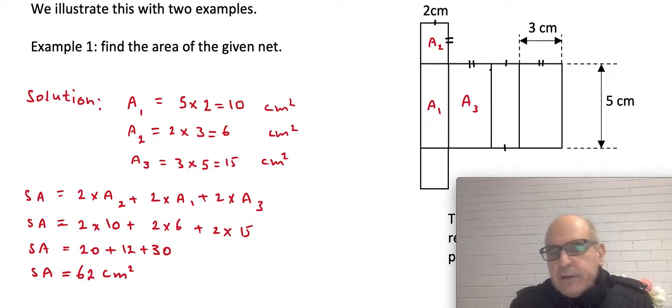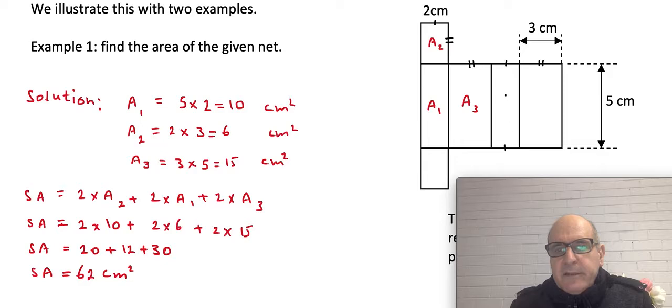We want to find the surface area, which means you have to find the area of each rectangle and add them up. If I call this area 1, this side is 2 because this is the same as that, and this side is 5. So area 1 is 5 times 2. To find the area of a rectangle, you multiply the sides. 5 times 2 gives me 10. So area 1 is 10 square centimeters.